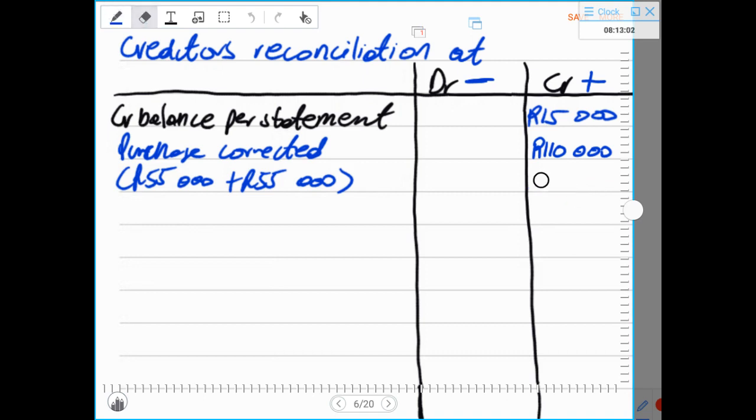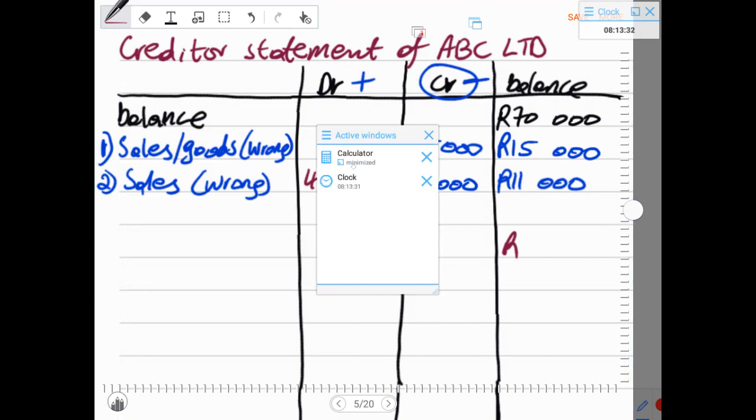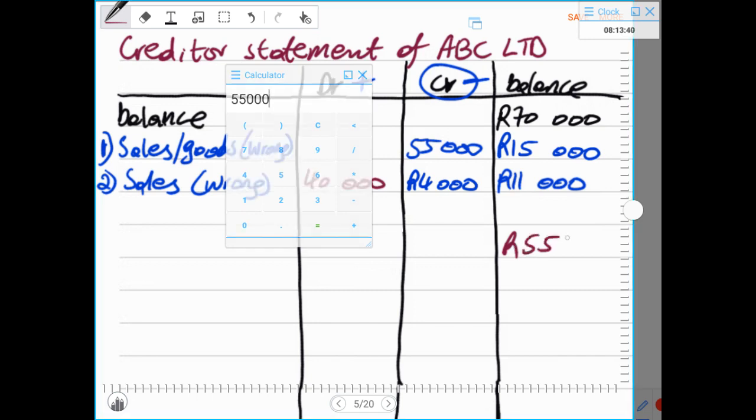Once again, let me show you what this will mean. We have recorded an amount of 4,000 on the wrong side. Recording 4,000 on the credit side will obviously underestimate our balance, because had the correct amount of 40,000 been recorded on the right side, the balance could have been 15,000 plus 40,000, which is 55,000 rands.